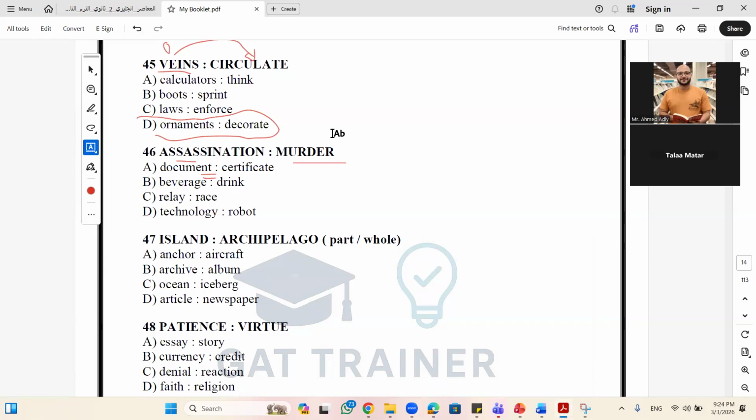Assassination, this is a type of murder. A form of murder. So this is not the same meaning. It's a type of it.